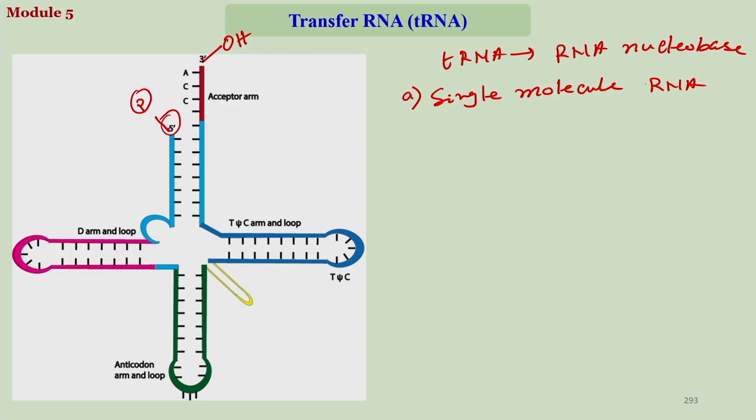RNAs are usually single stranded, and this molecule is about 80 nucleobases long. That is the length of a typical tRNA. There are hundreds of tRNA molecules present in our cells.